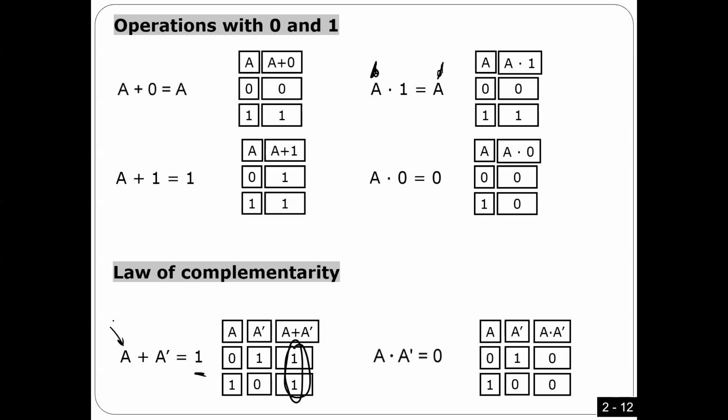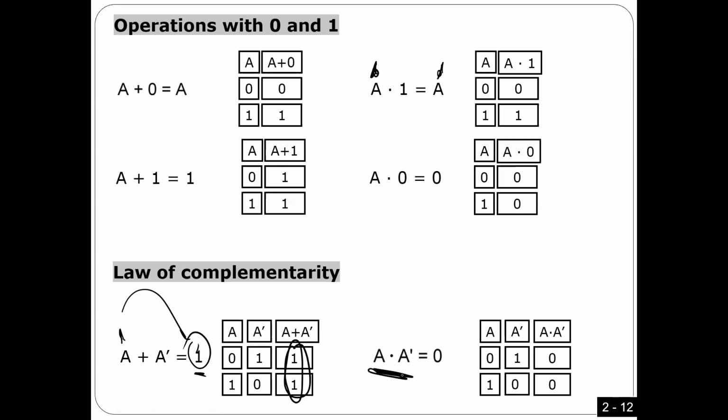So if A is 0, I'm going to get 1 from A prime. Also, in the other case, if A is 1, it's enough, I'm going to get 1. So by intuition, if A is 1, I'm going to get 1. If A is 0, the other one will give me 1. That's why it should always be 1.